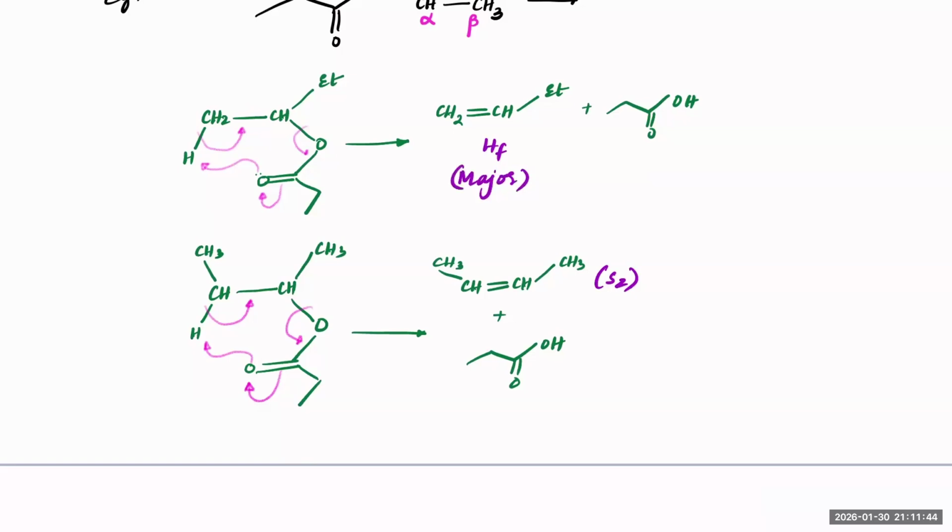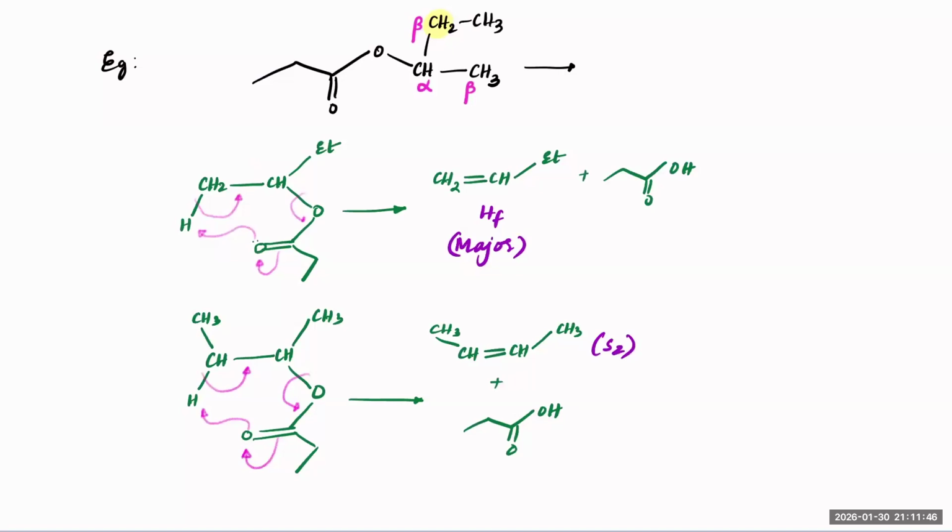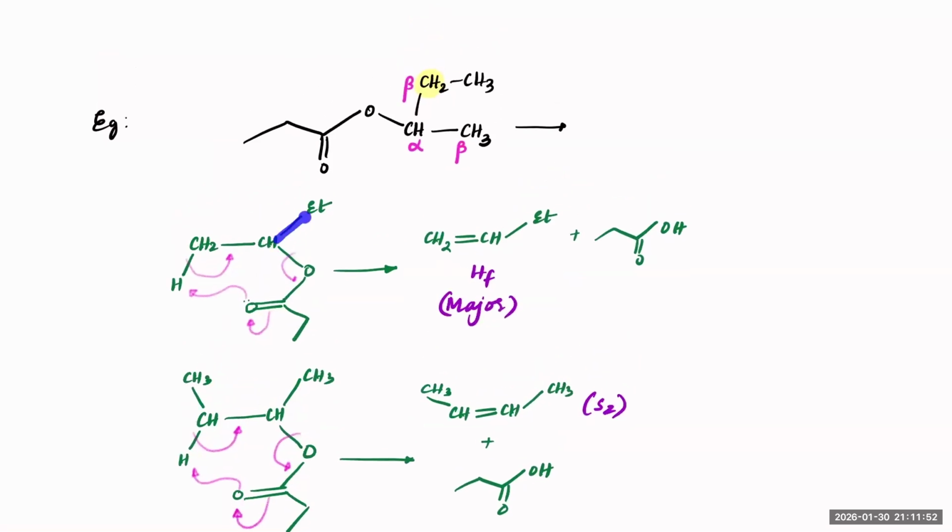Now, why is that so? Please check this out. When you get this kind of a cyclic structure, a cyclic transition state, this will adopt an eclipsed form of conformation between these two carbons. You will have eclipsed conformation because these two are on the same plane, on the same side. So this ethyl and this hydrogen should be on the same side as well.